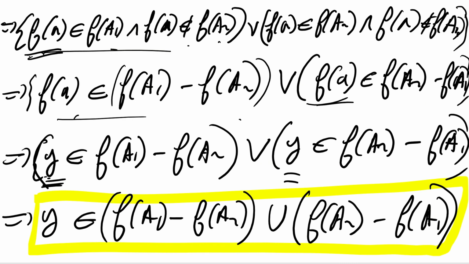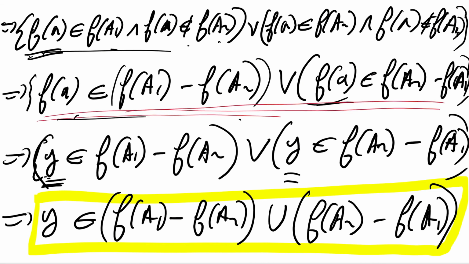Then we can extend it, because f of A is in f of A1 and it's not in f of A2, so it can be in the difference. The same thing here. So we just write it using the difference of sets.